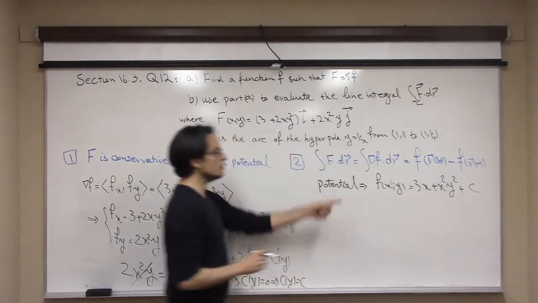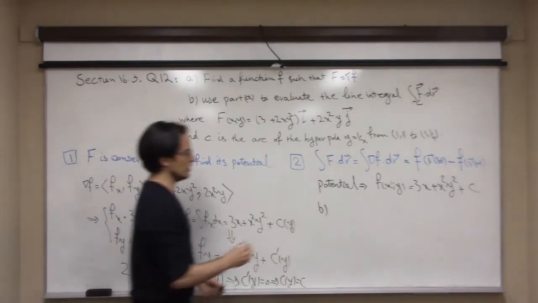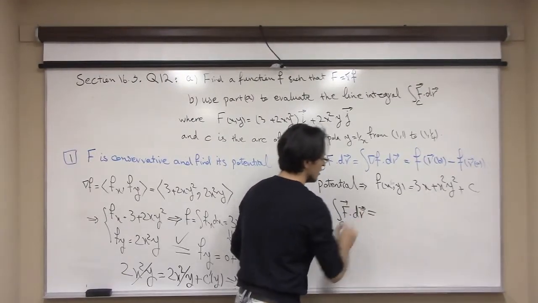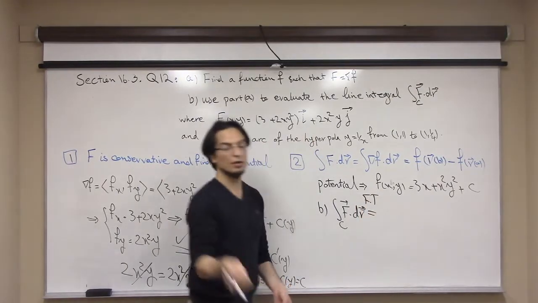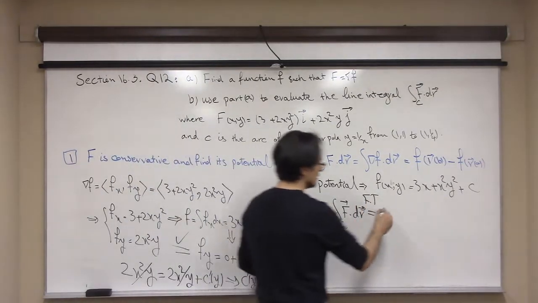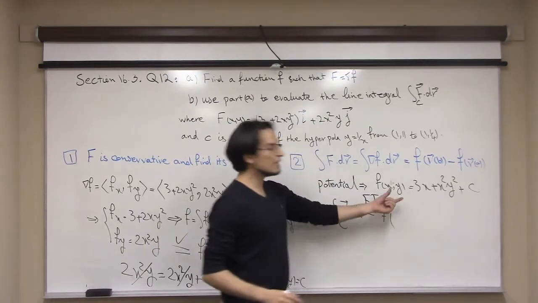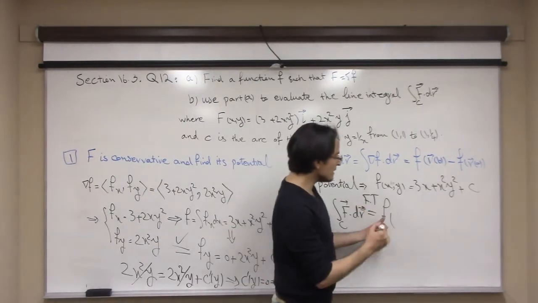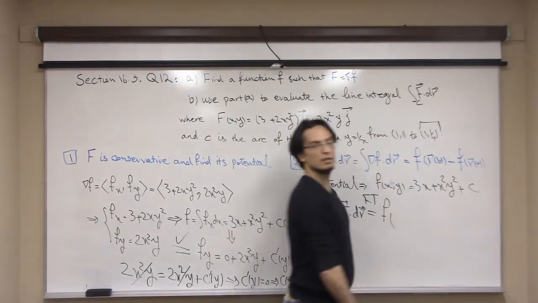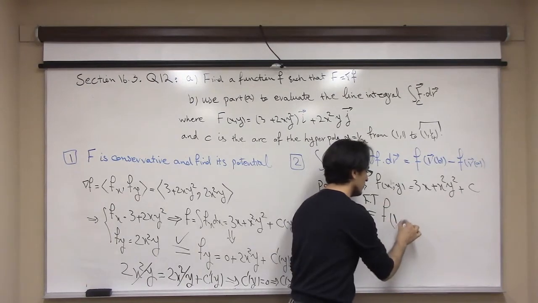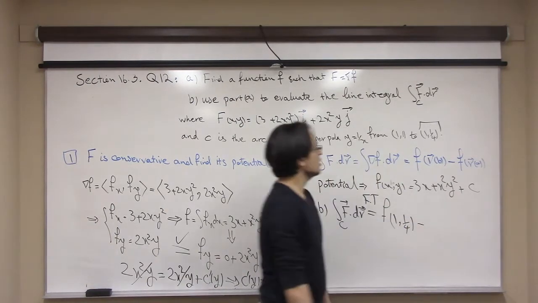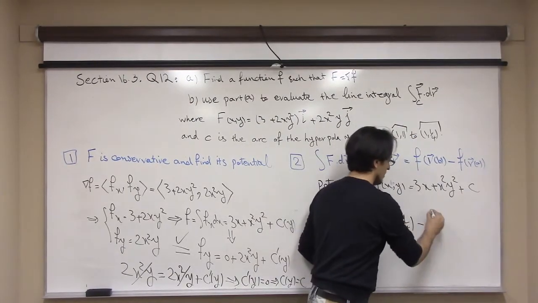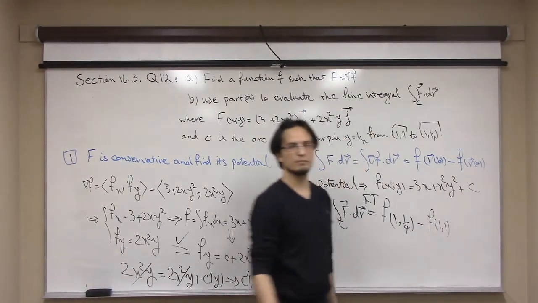Part B: use that to evaluate the line integral of F dr. By the fundamental theorem for line integrals, I know this is the value of the potential function at the endpoint, which is (1/4, 1), minus the value of the function at the initial point, which is f(1, 1).